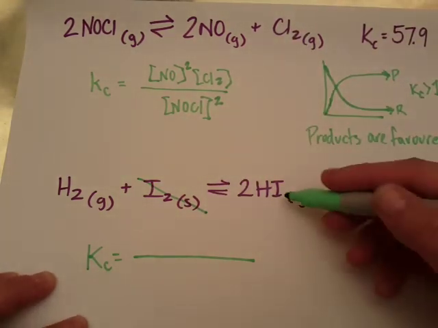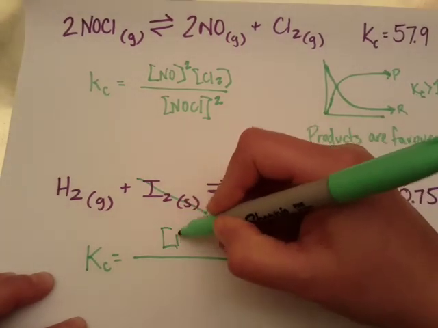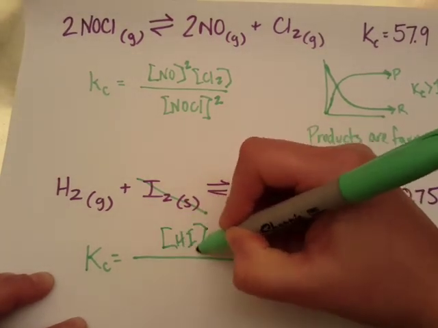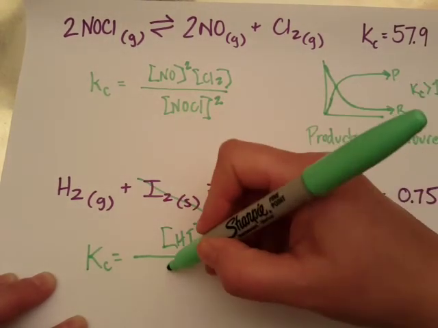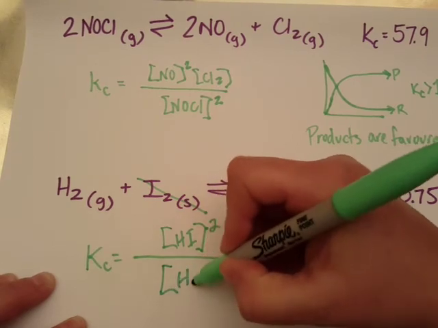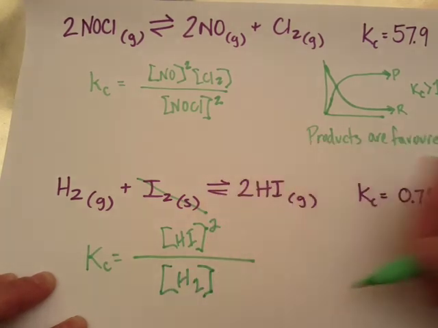So we'll still put our products on top. For me, I choose to put the exponent right away as I'm writing it. And then for the reactants, we're only going to include the H2.